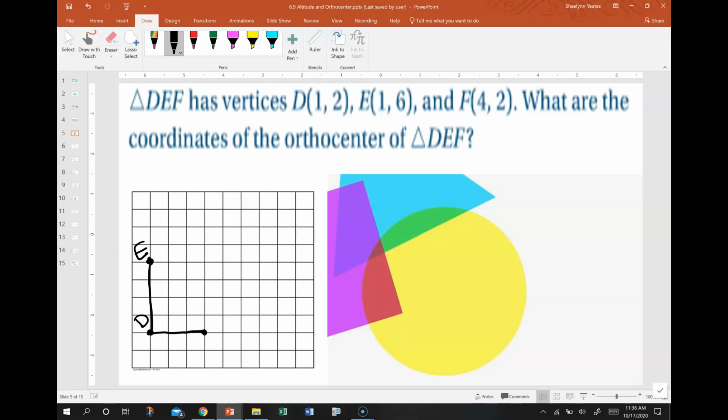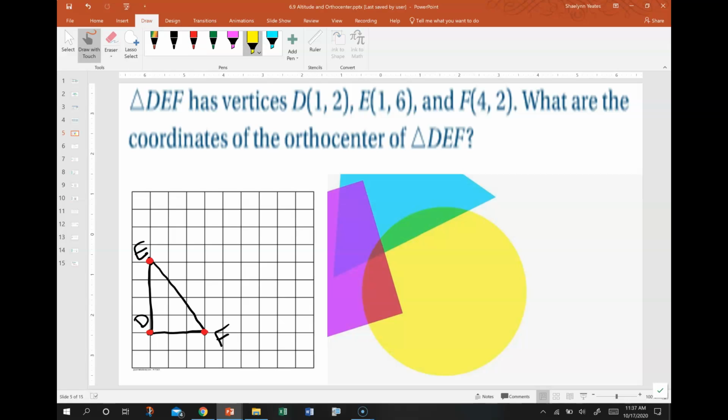Alright, so first things first. We have to find the points. I'm just going to mark them with red. There's one point, my other point, and my third point. Oh, I forgot to label my last one. F. D, E, F. Now I want to draw a line through point F perpendicular to line DE.